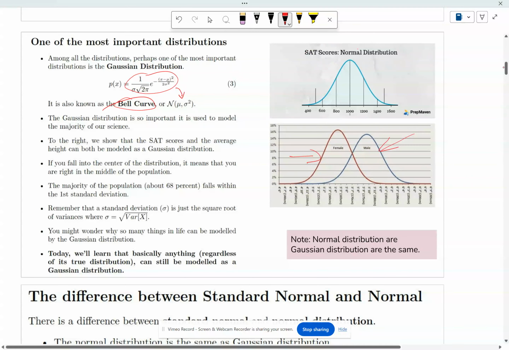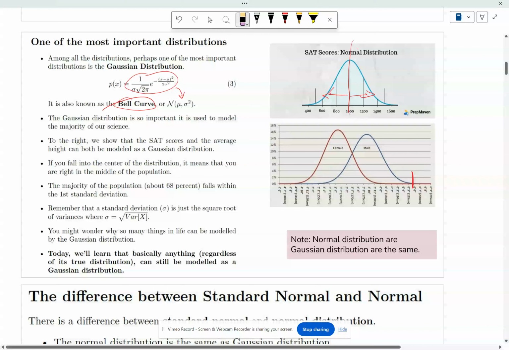This distribution is used so much because so much of life has something in the middle, and then it spreads out. With height, most people are a certain height, and very few people are 7 feet tall. Because of this pattern in life, so much of life is modeled with the Gaussian distribution.